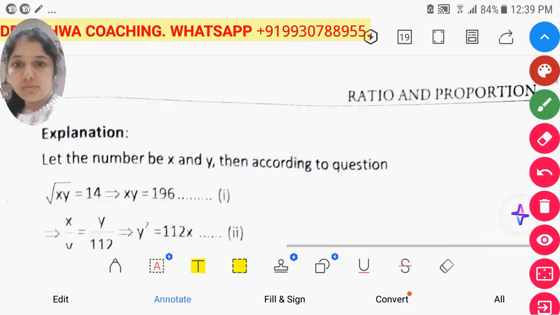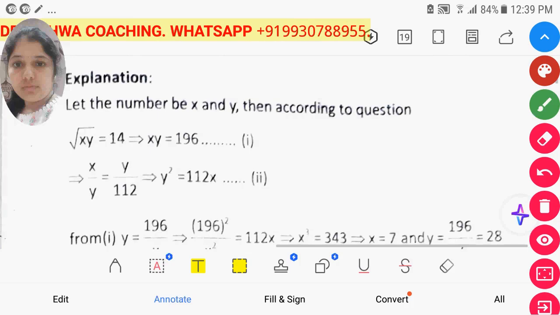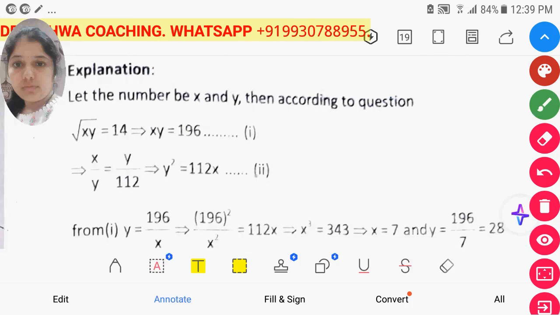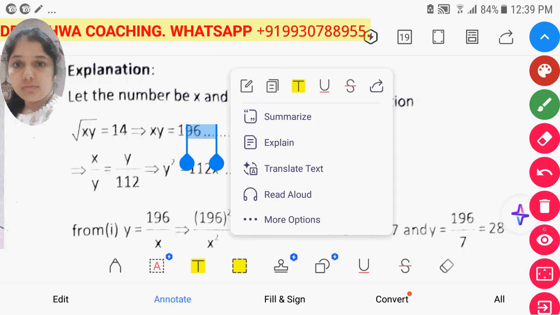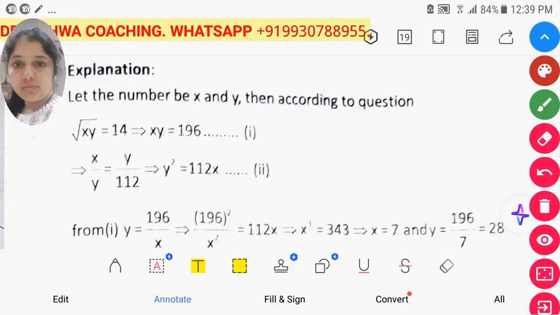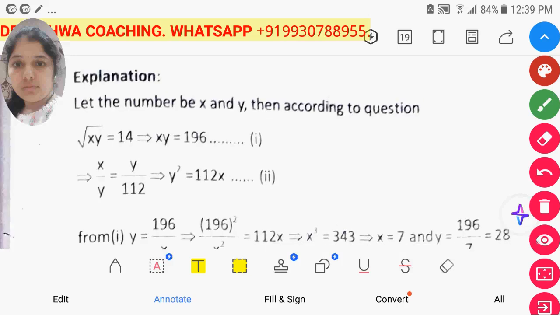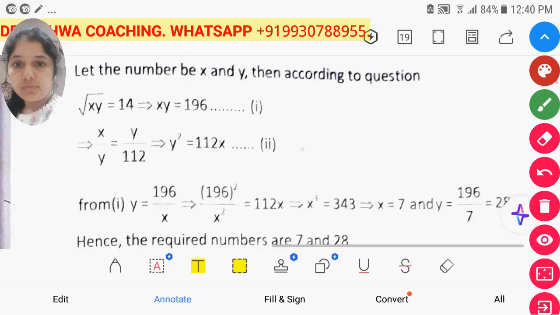Now see, the mean proportion is given to us, which is 14, meaning the square root of xy is 14. So xy is equal to 196. We get one equation here. Instead of xy you can say AC, because B is given to you. So we got the value of AC, which is 196.